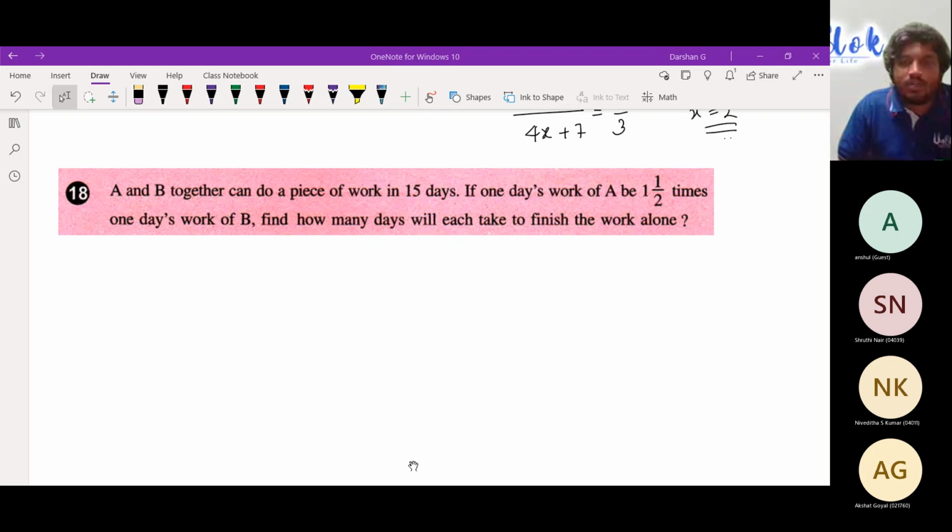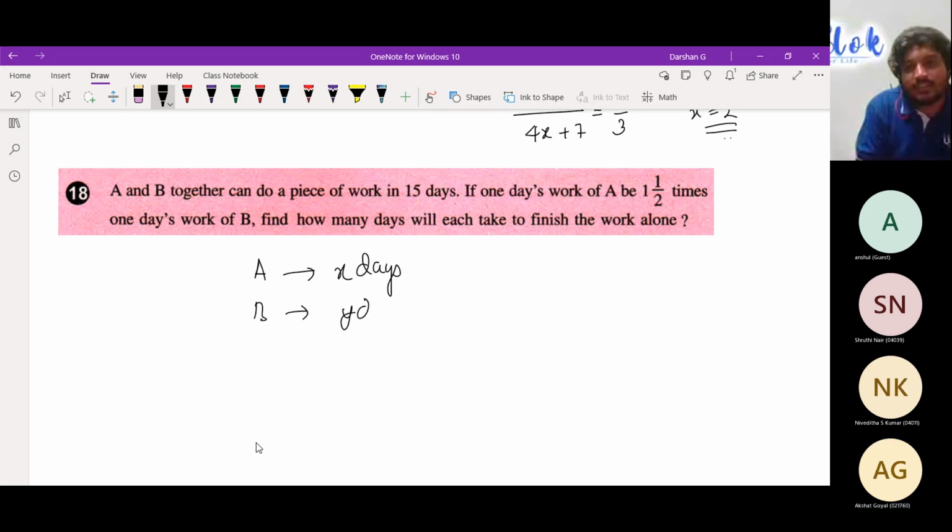So what will be the work done by one person? If A is finishing his work in x days, B is finishing his work in y days. So what is the work done in 1 day?